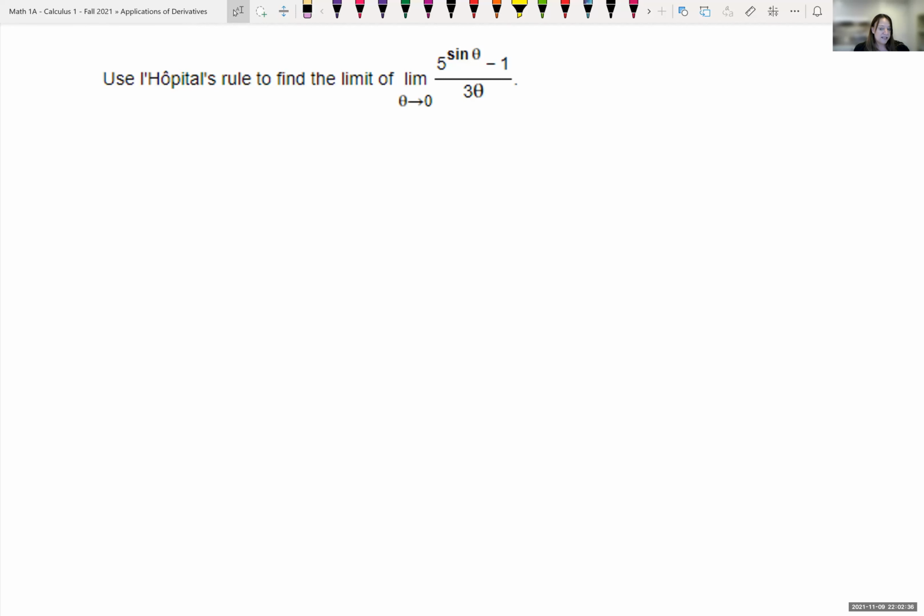So the next problem says use L'Hopital's rule to find the limit as theta goes to 0 of (5 raised to the sine theta power minus 1), all over 3 theta. I notice if we do direct substitution, we would get 5 raised to the sine of 0 power minus 1, all over 3 times 0.